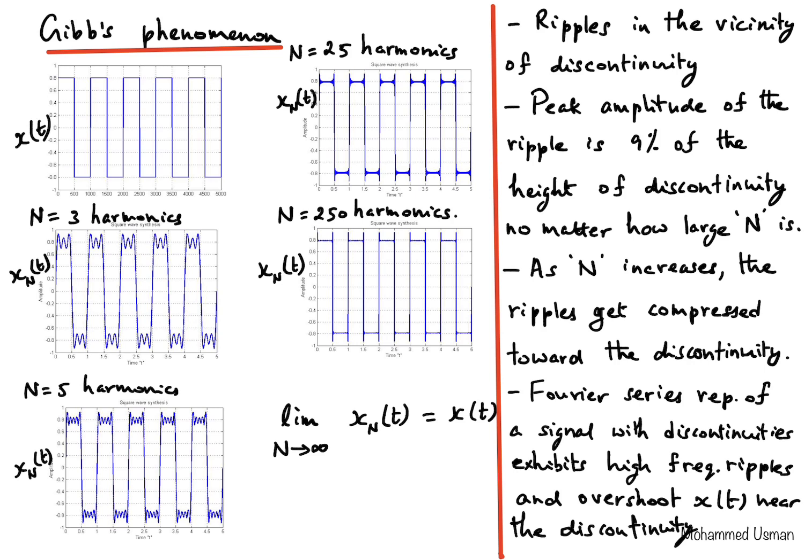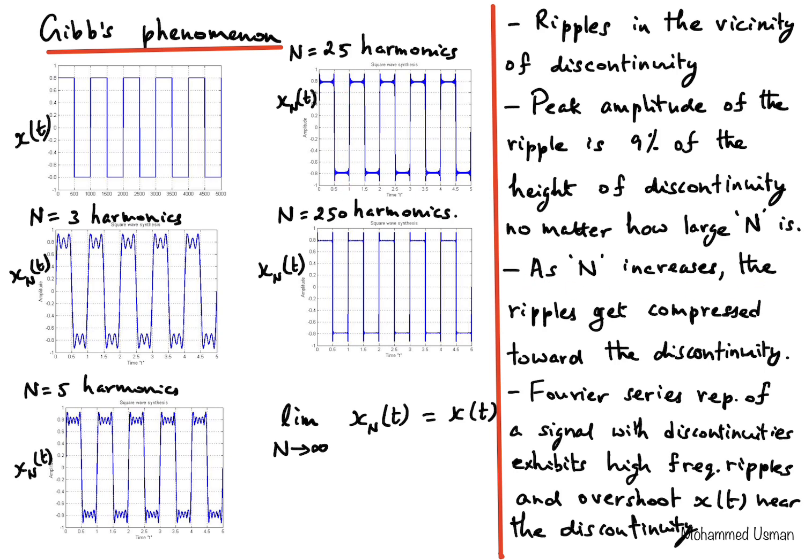But what we do notice is that as we increase the value of n, even though the peak amplitude is the same, the ripples get compressed towards the discontinuity. We see here the ripple is more in the middle, but as we increase n, the ripples are getting compressed closer and closer to the discontinuity itself, that is, closer and closer to the vertical segment of the waveform.